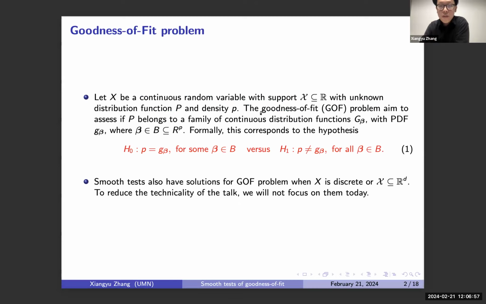The goodness of fit problem aims to assess whether or not P belongs to a specified continuous distribution function G_beta, with density small g_beta, where beta belongs to some parameter space B, a subset of R^p. And beta here can be known or unknown. Formally, this corresponds to testing the hypothesis that P equals G_beta for some beta, versus the alternative that P is not equal to G_beta for all betas.